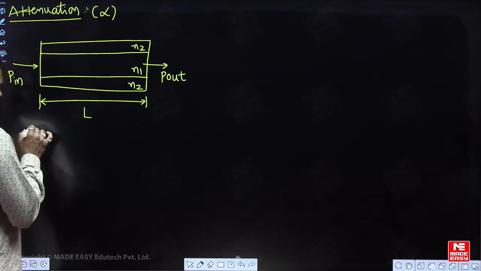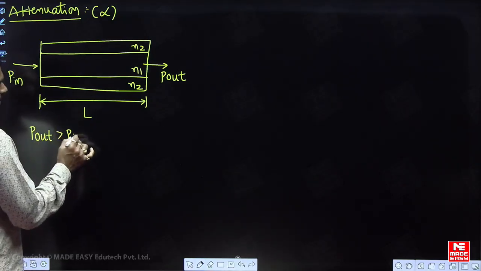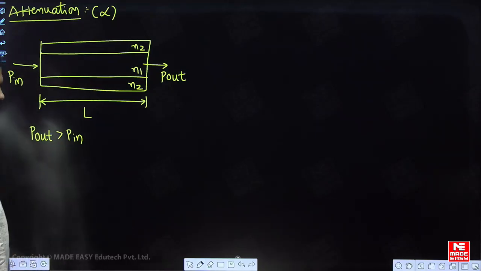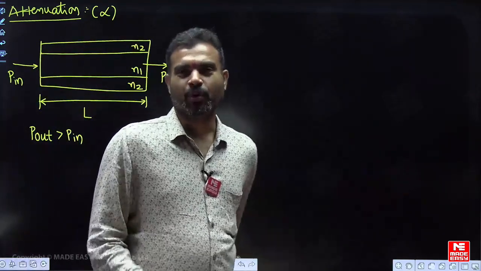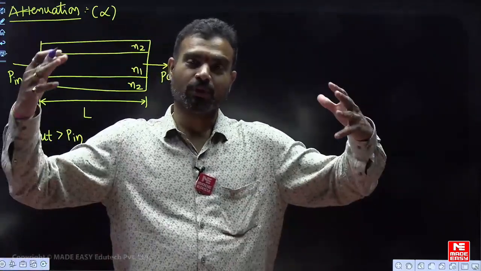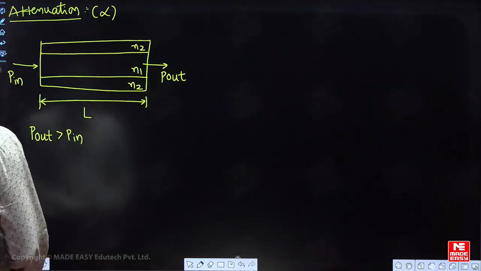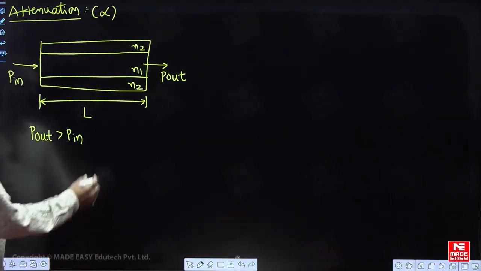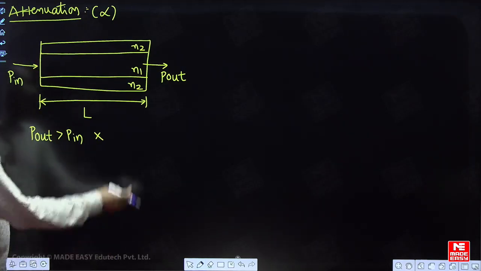Actually, the dream of every engineer is that P out should be greater than P in. As an engineer we want to give a small amount of power to the fiber and expect a huge amount of output power. But God never gives like this; putting in small efforts, don't expect big results.